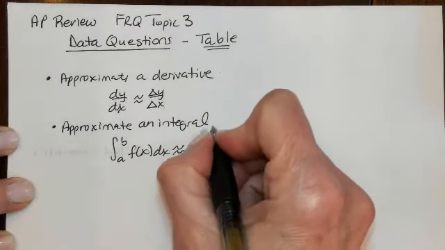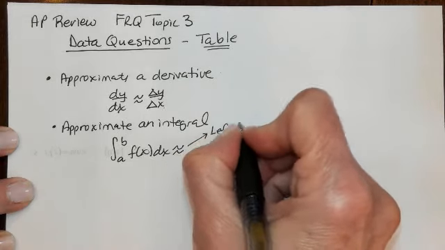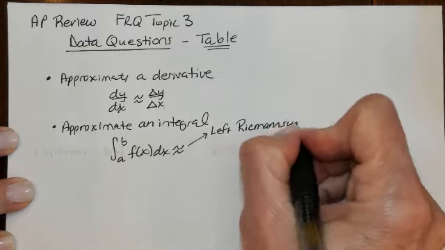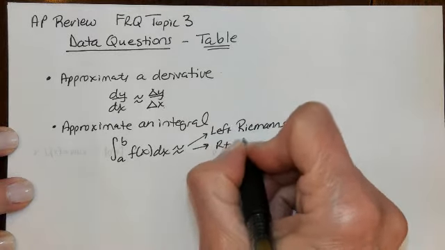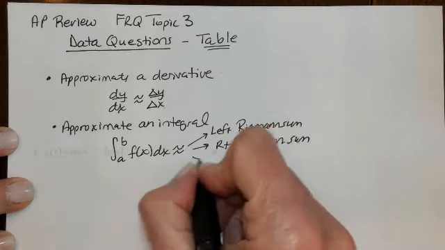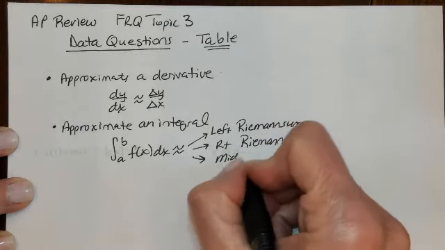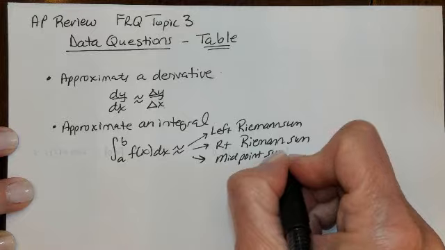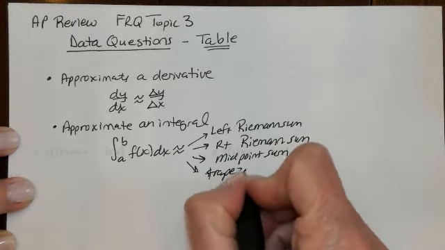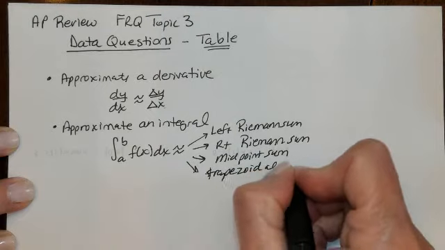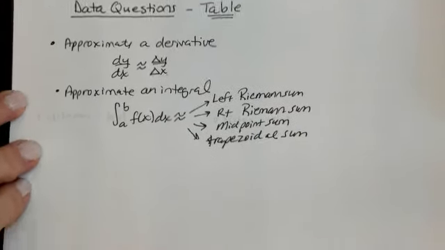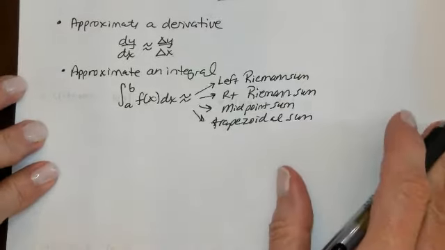We can use a left Riemann sum, a right Riemann sum, we can use a midpoint sum, and a trapezoidal sum. They would tell you which of those to use in your approximation.